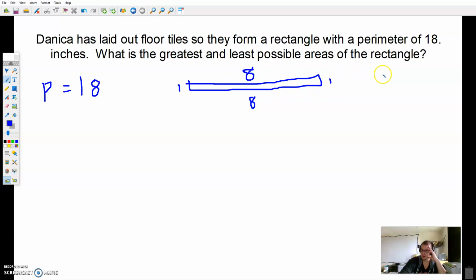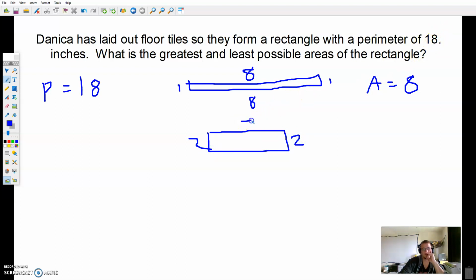That area would be an area of 8, because we're going to do the length times the width, 1 times 8. Okay, another perimeter that would get us 18. Let's see, if we do 2 and 2, that's 4, so that would be 14. So 7 and 7. 2 times 7 would get us an area of 14.